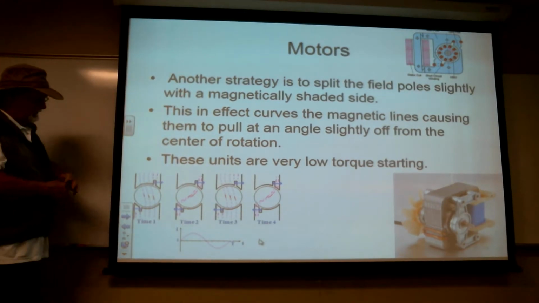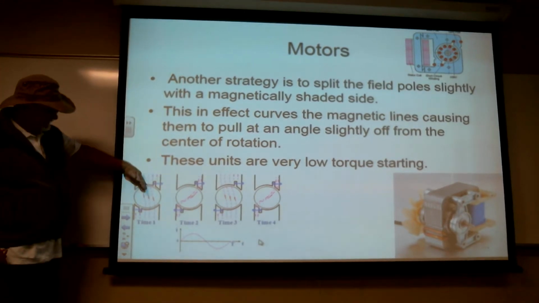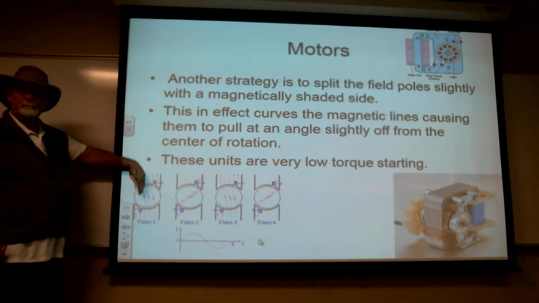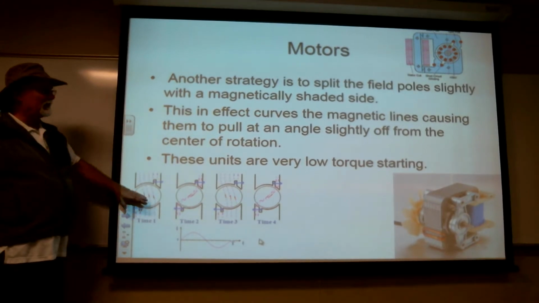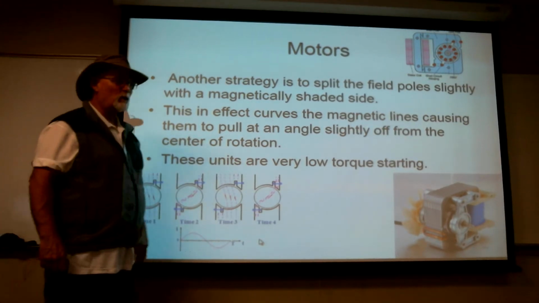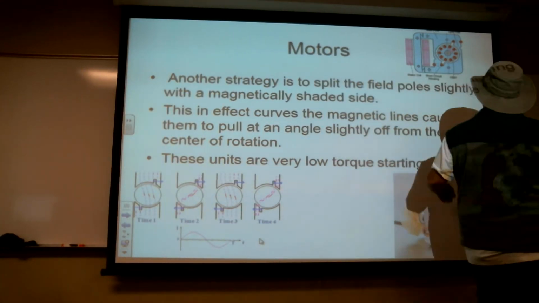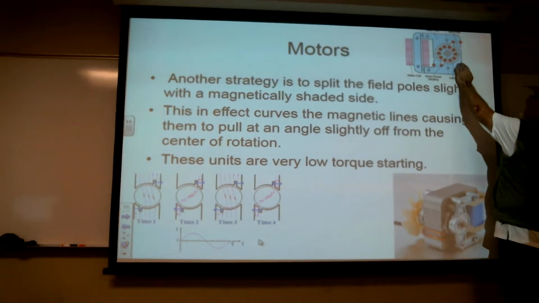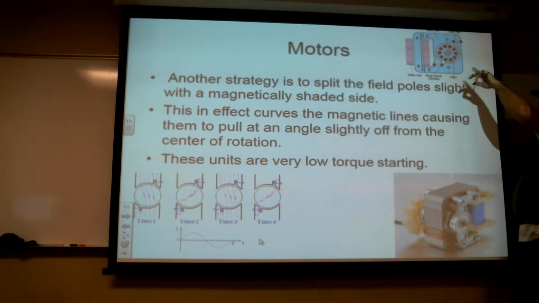And that S-curve, instead of pulling straight across, is now going to pull at a slight vector. That's going to be enough to get this thing to go the direction I want it to go. Now, if I wanted it to go the other direction, I would put this over here and that over there, and it would go the other direction.